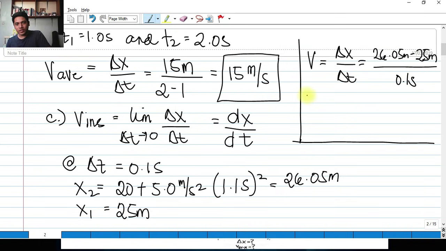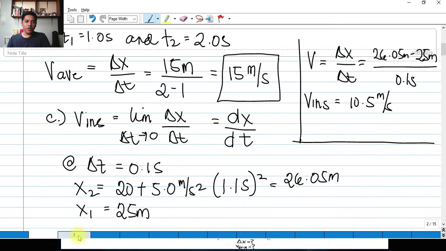So our v instantaneous, taking delta t as 0.1 seconds, is 26.05 minus 25 divided by 0.1, which is 10.5 meters per second.